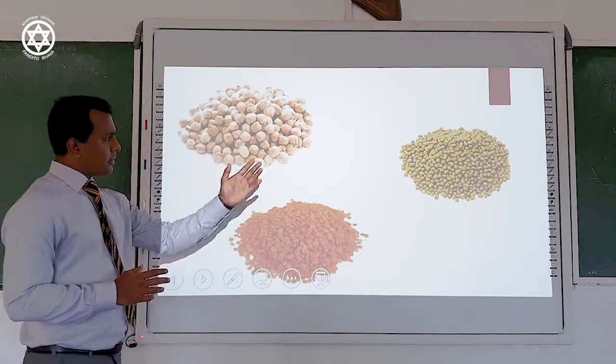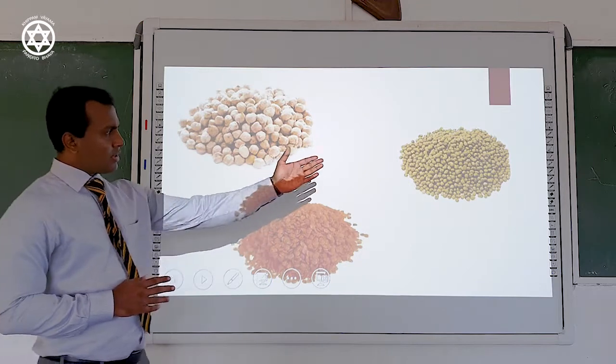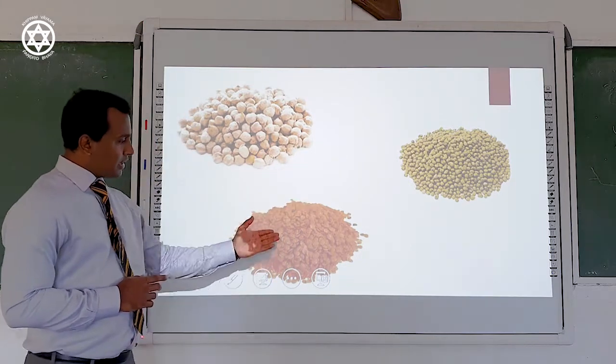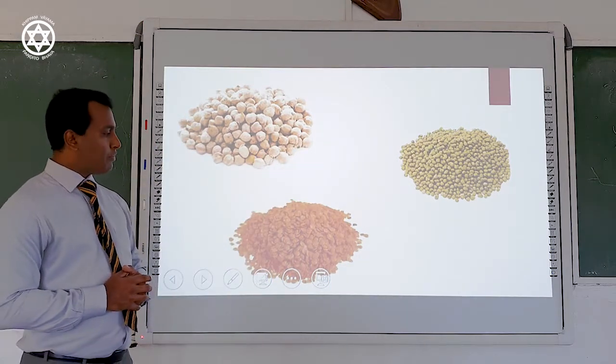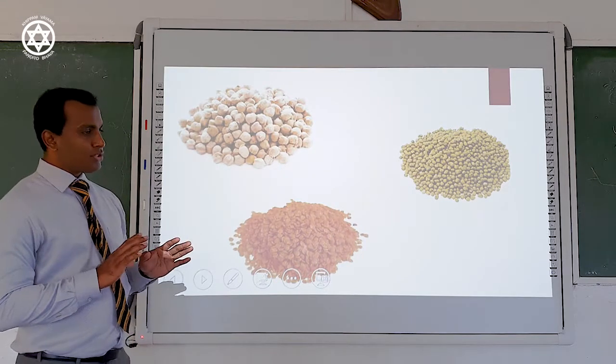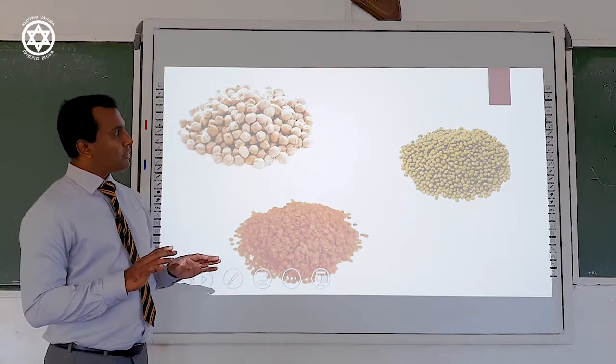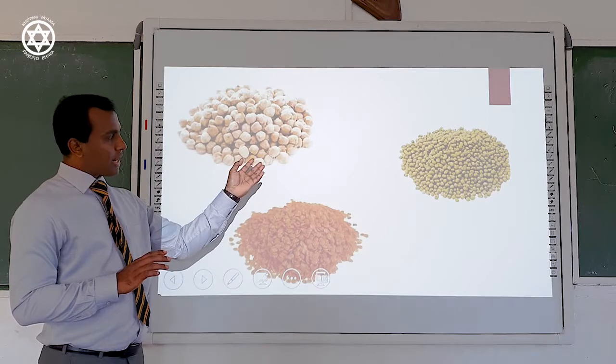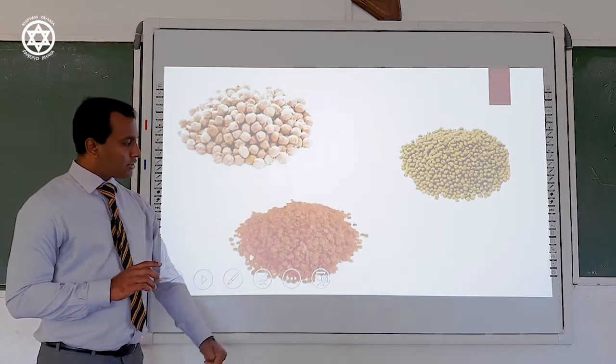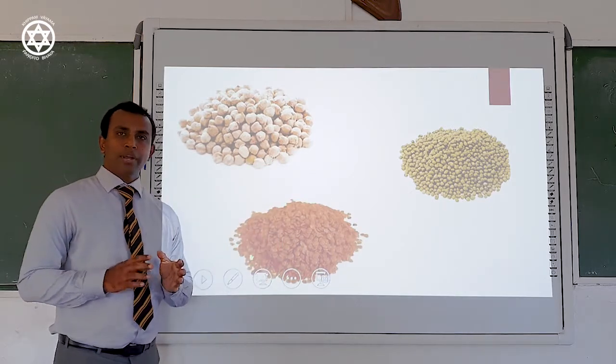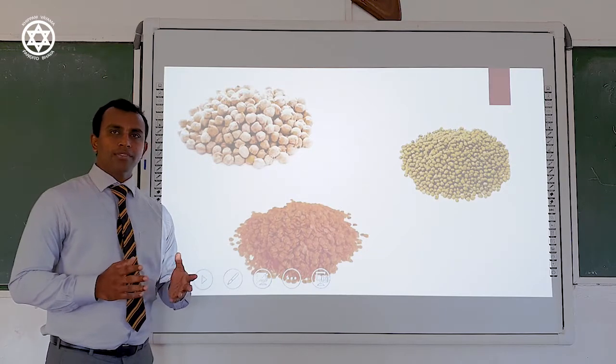That is gram seeds, they are green grams, and that is a sample of dal. So there is no doubt we can measure the mass of gram seeds, green grams, and dal separately using balances.